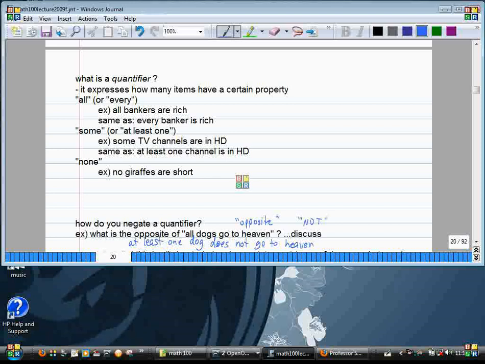And as we're going to get into more next time, logic in large part is all about saying if things are true or false. So if we want to make this statement false, what would need to be the case? At least one dog does not go to heaven. Does that make sense?